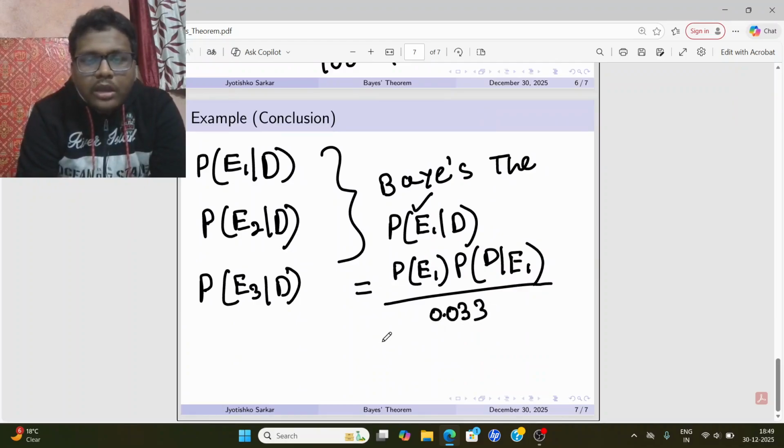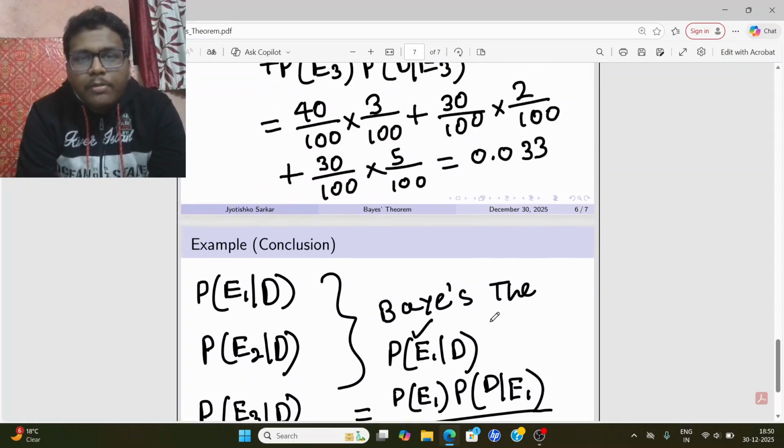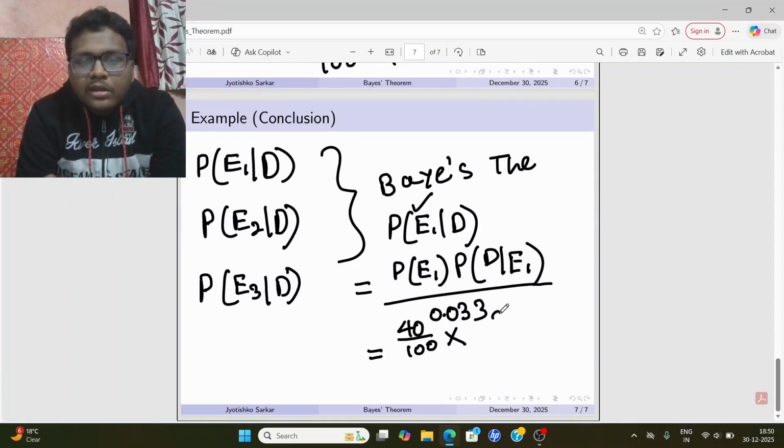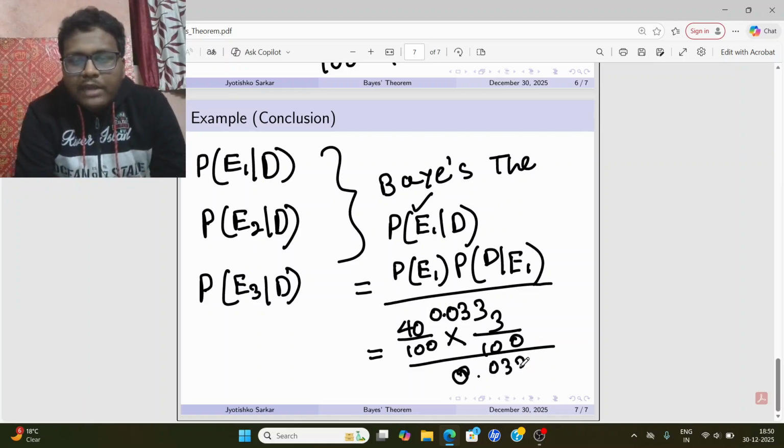Now if I put the values here, what is the probability of E1, that the bulb was manufactured in factory A, that is 40 by 100, into what is the probability that it is defective, 3 by 100, now divided by 0.033. Now I have to calculate the probability of that. Let's calculate it manually.